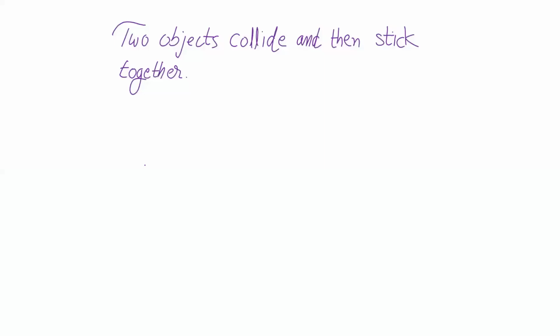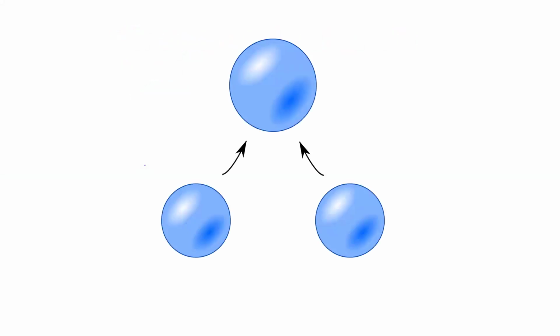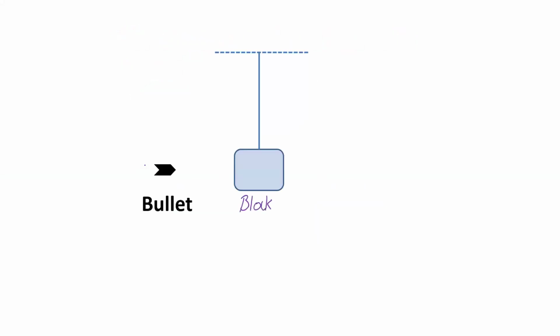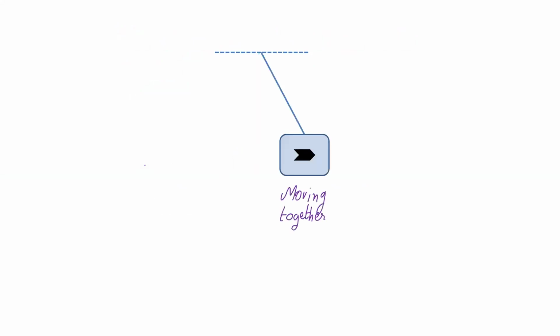Coalesces. What is coalesces? Give the heading coalesces. When two objects collide and they stick together, this is called coalesces. Like two balls collide and stick together. You fire a bullet on a block and the block takes up the bullet and they move together.